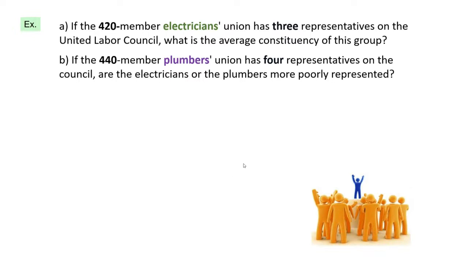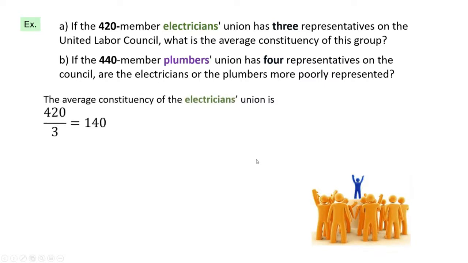We can find the constituency for every kind of group. For example, an electrician union that has 420 members and 3 representatives, and a plumbers union with 440 members and 4 representatives. So for electricians, we divide the population by the number of representatives and get the average constituency 140.